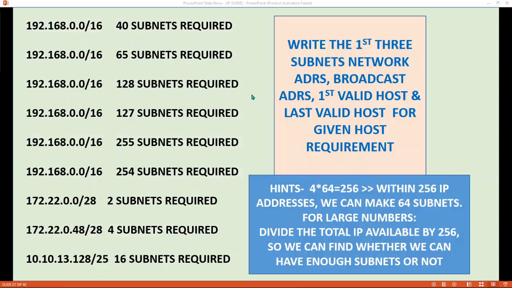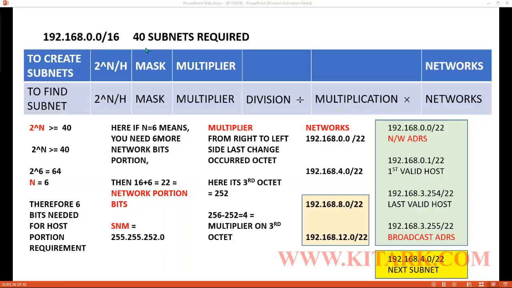So here you can see 192.168.0.0/16. 40 subnets are required, which means we need to create 40 subnets. Okay, just imagine we are assigning 40 networks to 40 switches. This is not the real scenario. I'm saying this because if you think like that, you can reach the answer easily.